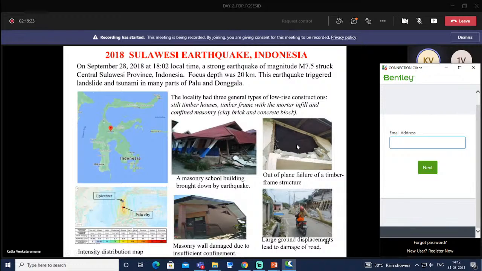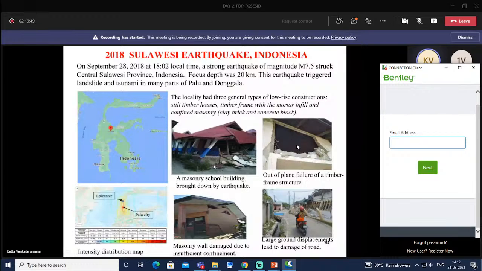The locality had 3 general types of low-rise construction: stilt timber houses built on stilts, timber frame with mortar infill, and confined masonry, clay brick and concrete block. Many of these buildings withstood the earthquake, but they got damaged because of the tsunami.